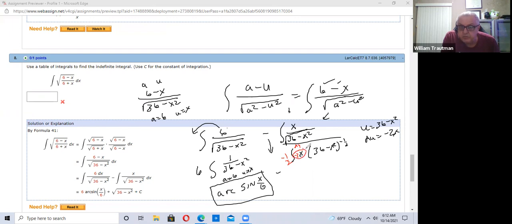Now I have du here. And we add 1. And negative 1/2 plus 1 equals a positive 1/2.